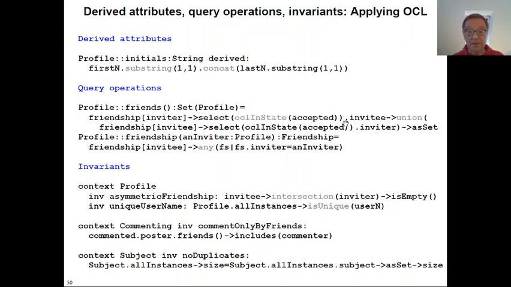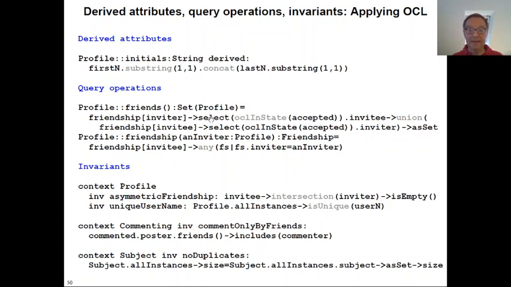So this first part returns a set of friendships, and then I'm navigating from the friendship objects to the invitee. First, I am considering myself as an inviter, and then I'm going to my invitees, and I build the union with the dual case where I participate as an invitee, and then I'm navigating to the inviters.